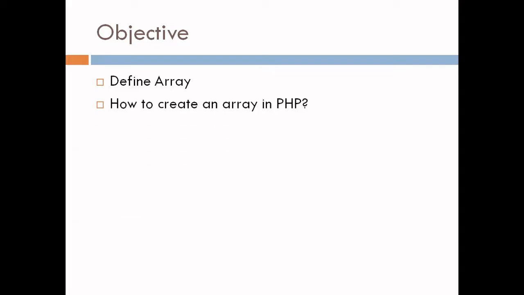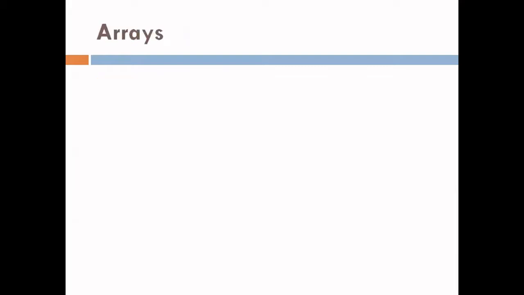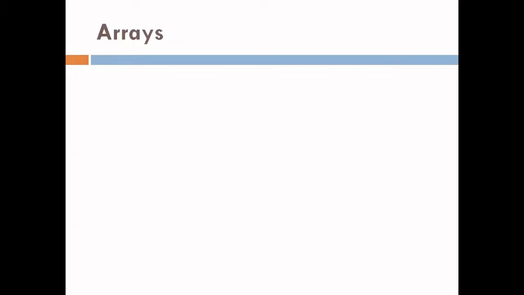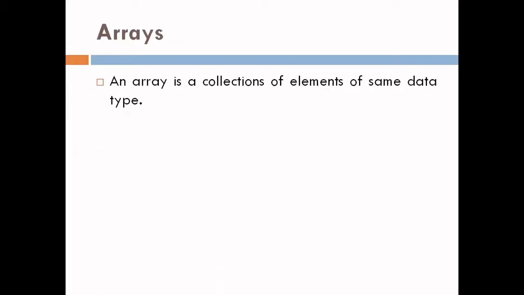So the objectives of the current session are to define an array, how to create an array in PHP, and types of arrays in PHP. Now, an array is a collection of elements of the same data type.